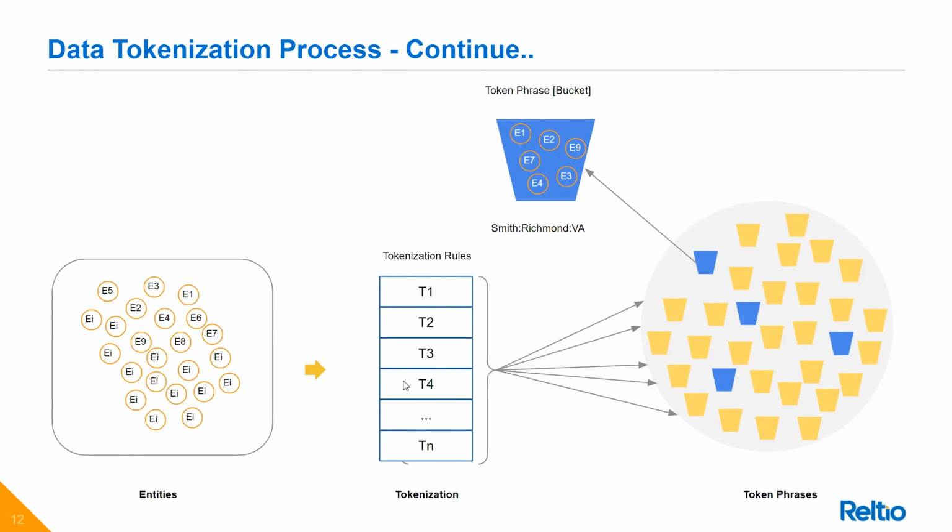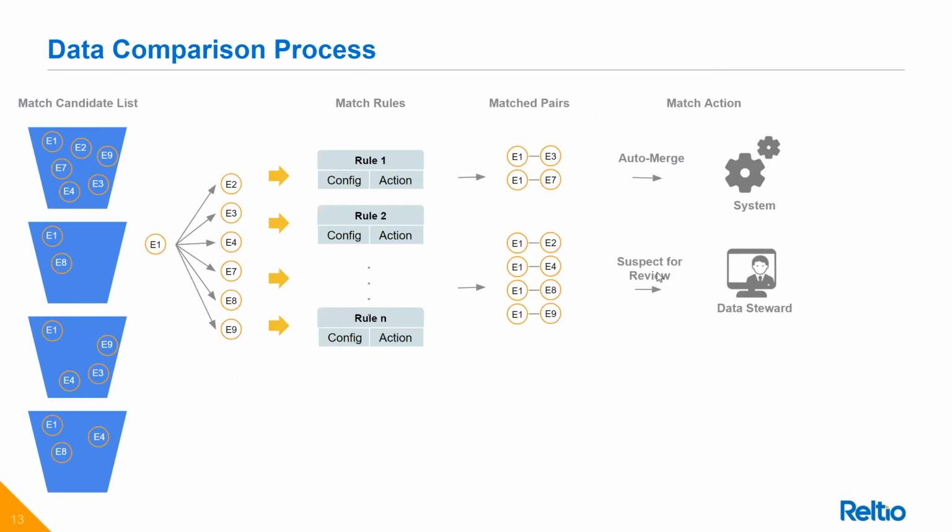So let's see what happens once the tokens are created and how it is picked up for the match rule. And that basically will answer the question that Chris asked earlier. So I have 4 tokens for this entity E1. Once tokens are created and it is triggered for matching, the Reltio platform will then pick up these 4 buckets because they all have this E1, and then construct this possible list of candidates across all these match candidate buckets.